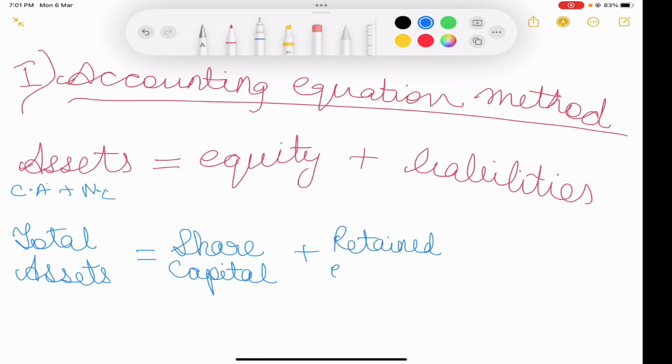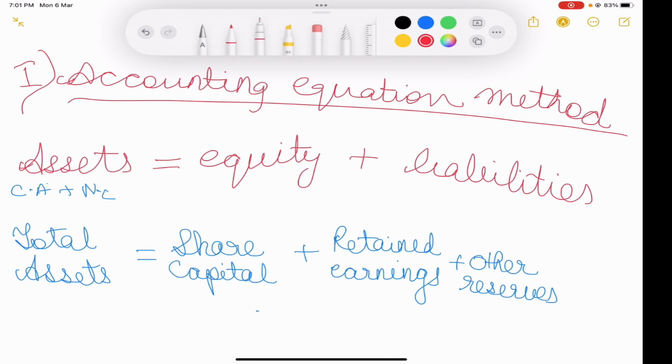What is retained earnings? We've studied that also. It is the profit left in the business, which instead of distributing it, we put back into the business. So we add it to the capital, to the equity of the business. That is retained earnings. And other reserves: any other reserves you have are always a part of the equity, right?